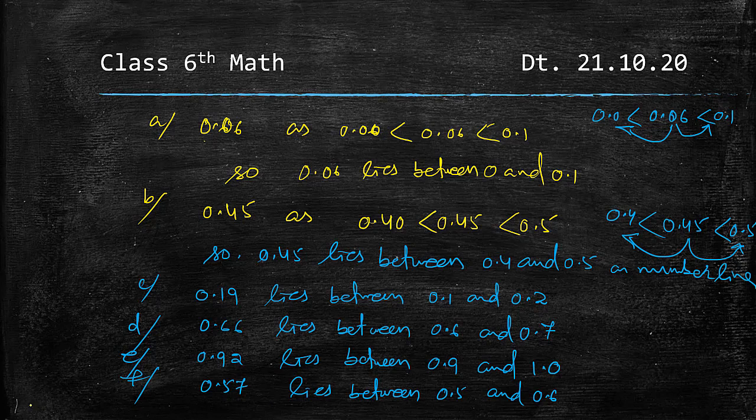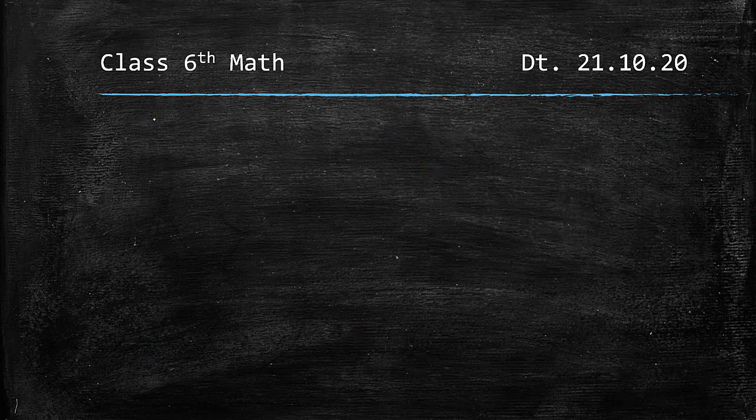Now we will take some other numbers of our own. Let the number be 7.05. It lies between 7.0 and 7.1.